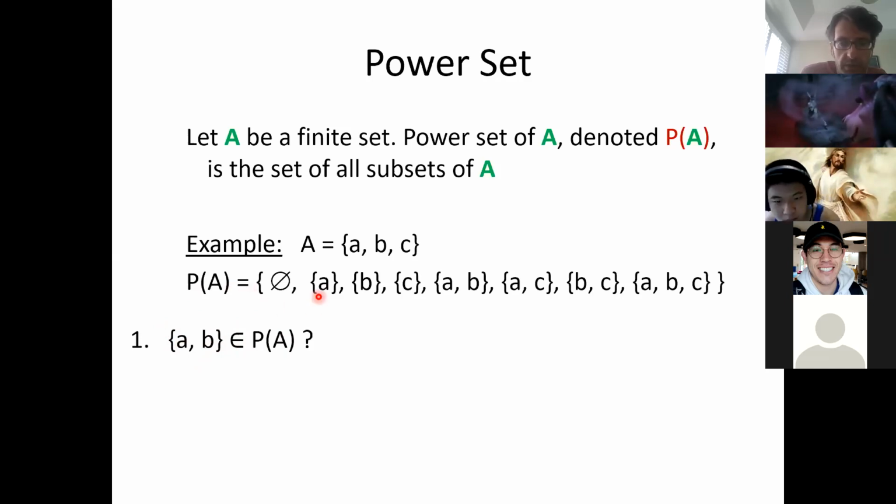Everybody says yes, and that's correct, right? Because where is this thing in here? It's this, right? P of A is a set of sets. Members of P of A are sets. All of these things are sets. Here's an empty set. Here is a set whose only element is A.